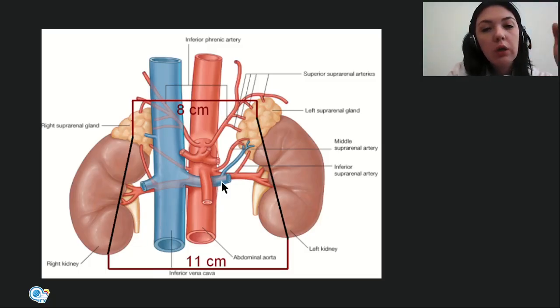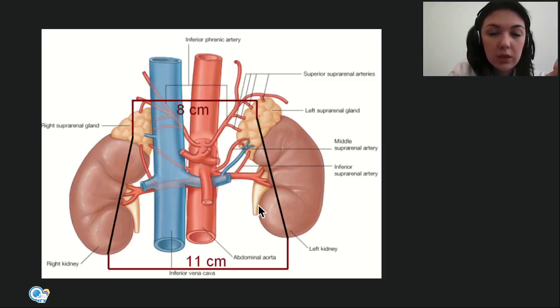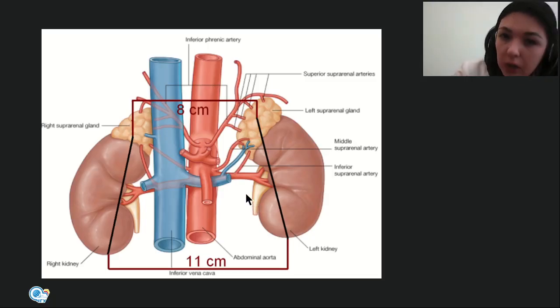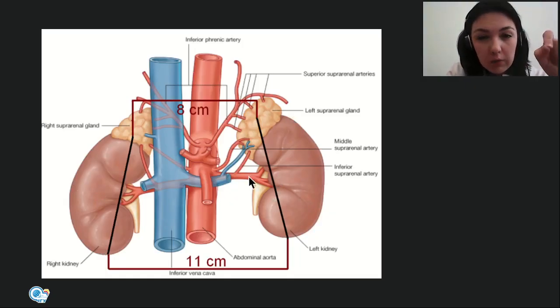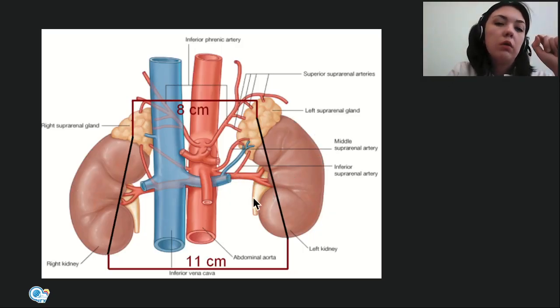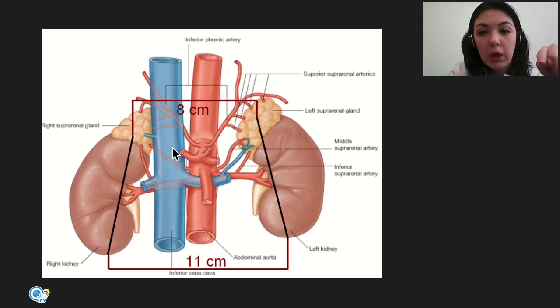Yes, this is the anterior aspect. So the renal vein occupies the most anterior position, then the renal artery is in the middle, and the most posterior is for the ureter. What does this diagram try to show you?